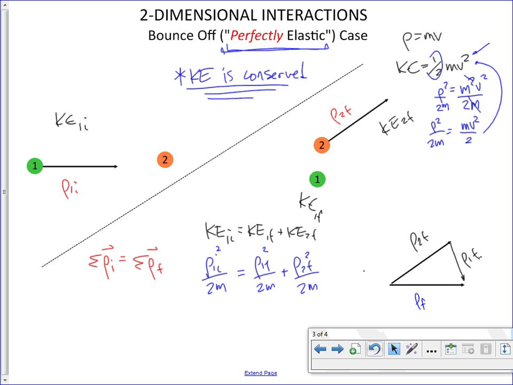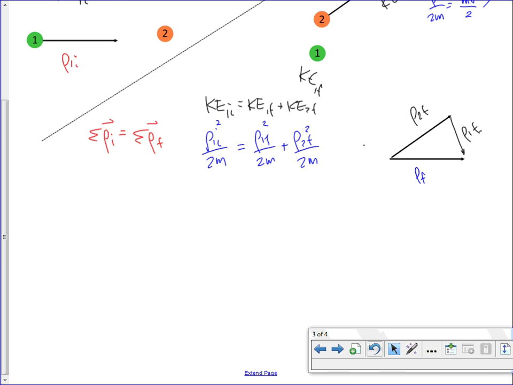The reason I mentioned billiards in the beginning is if the masses are the same, look what happens. Multiply everything by 2, multiply everything by m, and what we end up with is this.